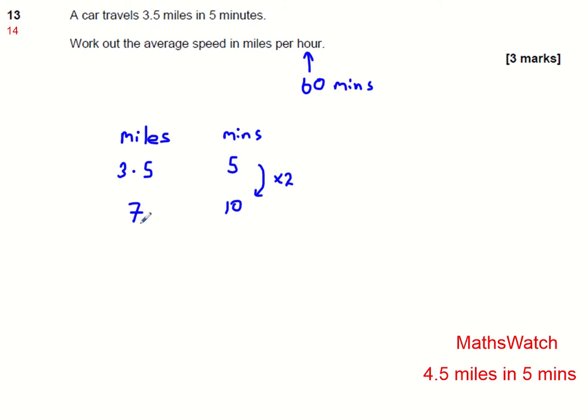So we'll travel 7 miles in 10 minutes, and then it's a lot easier to go from 10 minutes up to 60 minutes by multiplying by 6. And 7 times 6 is 42, which means that we will travel 42 miles in 60 minutes, which means we're travelling 42 miles per hour. There's our final answer.